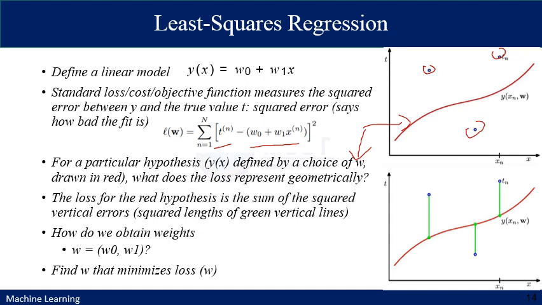The loss function for the red hypothesis is the sum of squared vertical errors, which is the squared length of the green vertical lines. As you can see, these are your predictions.